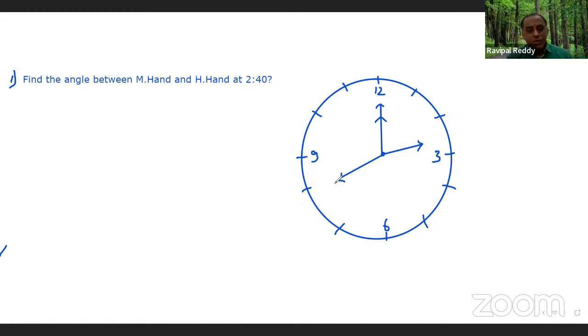Counting 1, 2, 3, up to 12 around the clock, these two hands coincide at 12. Now, what is the angle between these two hands at 2:40? You should find the angle between these two hands.